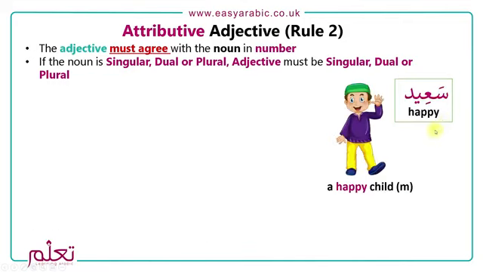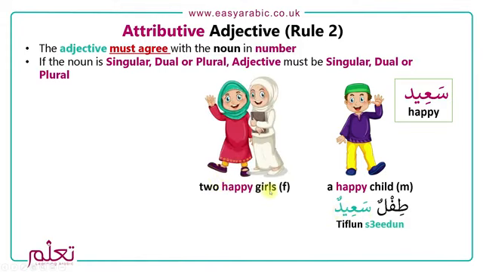Then we have sa'id, which is happy. Child is tiflun. So a happy child is tiflun sa'idun. When we say two happy girls, girl is already a female word, so it's bintanun. We're adding alif noon to the bint, and then we add the same to the adjective.